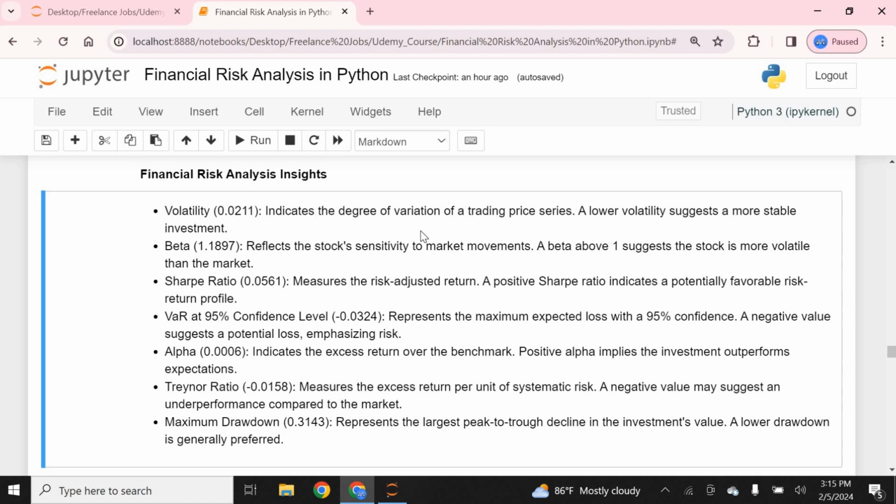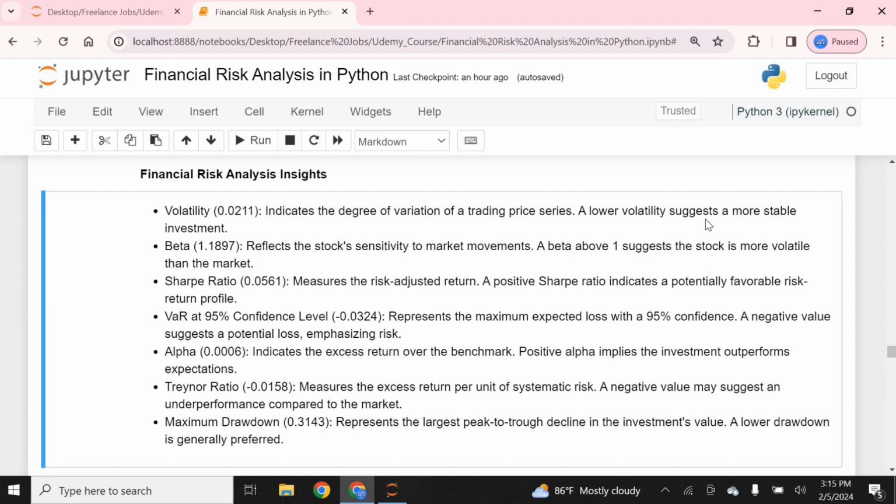So the insight derivation part of this project states that, number one, the volatility value up to 4 decimal places gives 0.0211. And what is volatility? Volatility indicates the degree of variation of a trading price series.